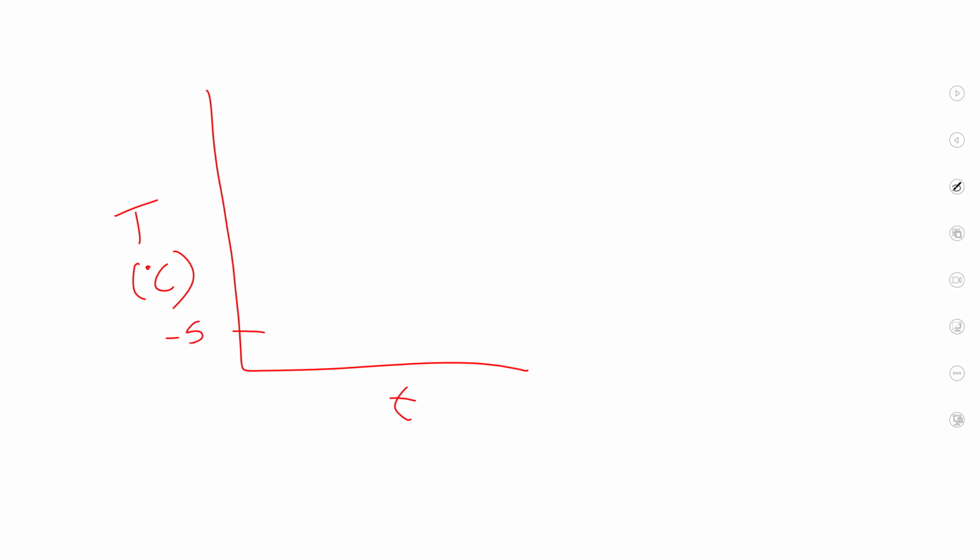But we get good numbers for it, and we get a heating curve, where if we're looking at time versus temperature in Celsius, we start at, say, -5, and the temperature increases until it gets to the melting point. And then the temperature flattens out until all the ice is gone. And then it starts going up again until you get to 100 Celsius. And then it flattens out again.